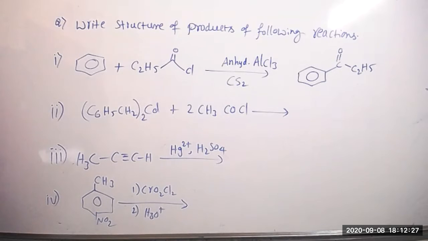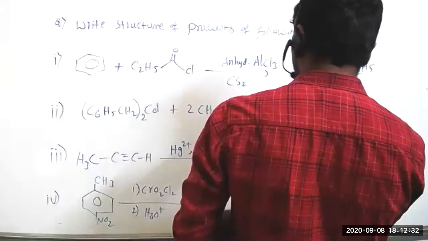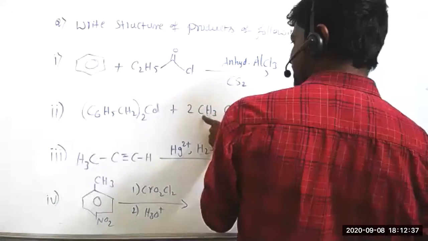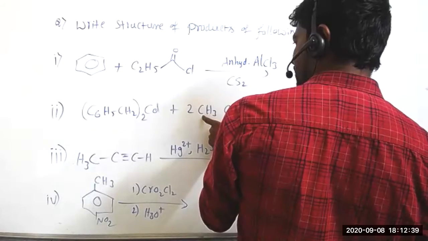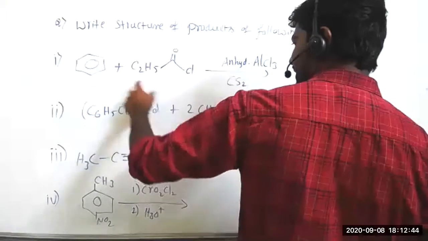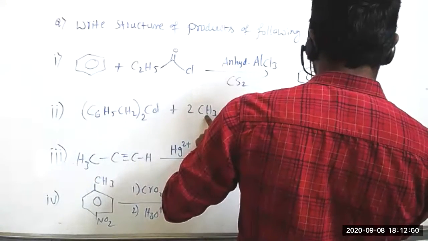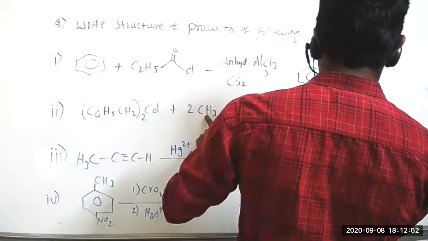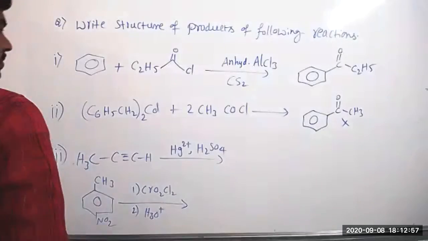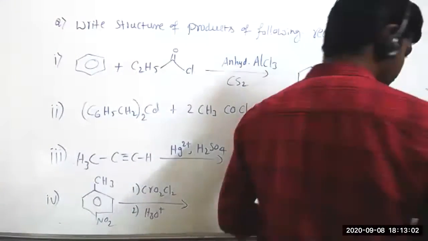The next, Harsh, what is the product of the second reaction? Sir, benzene CH3CO. See, this is alkyl cadmium, dialkyl cadmium. Benzene COCH3 is the wrong product. Will we get a ketone group, sir? Yeah, the product is a ketone only.